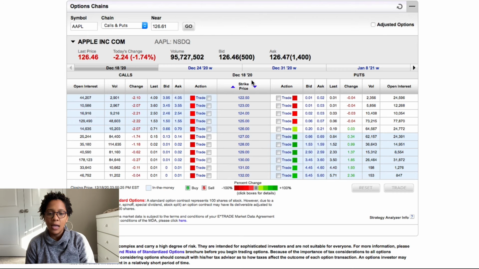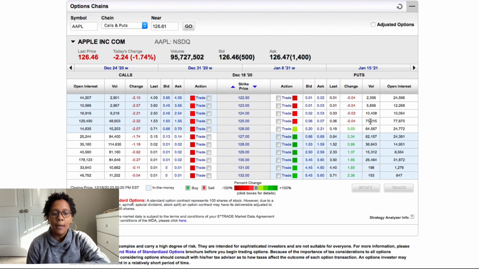The underlying stock, the call, whether you would like to buy, or the puts, whether you would like to sell. The call, whether you're expecting the stock to go up, or puts, whether you're expecting the stock to go down. The dates by which you would like to have everything done. And then the strike price, or the strike, which is the price that you would like to buy or sell your shares at. The option chain shows you where you can pick your date, you can pick if you want to buy or sell, you can pick your price, and then see how much that will cost you.